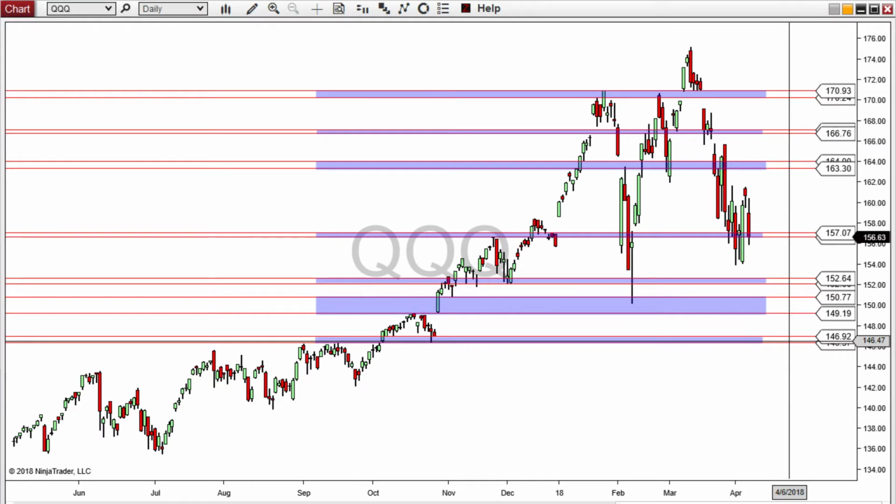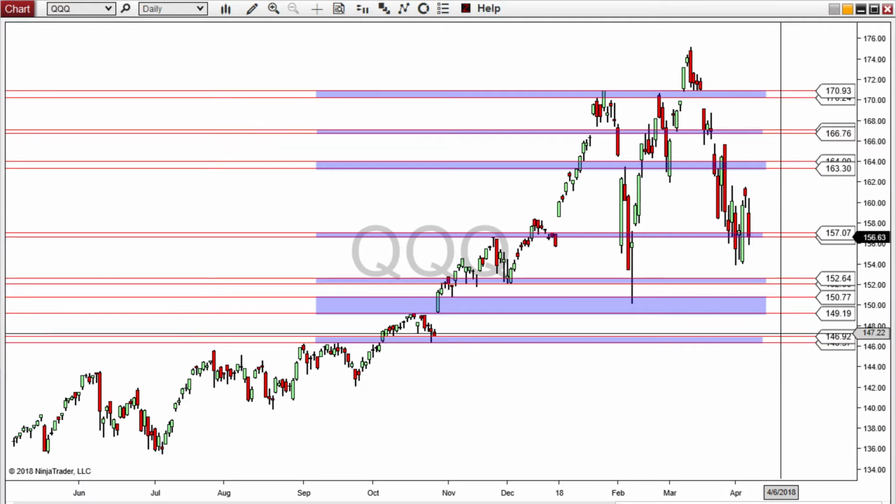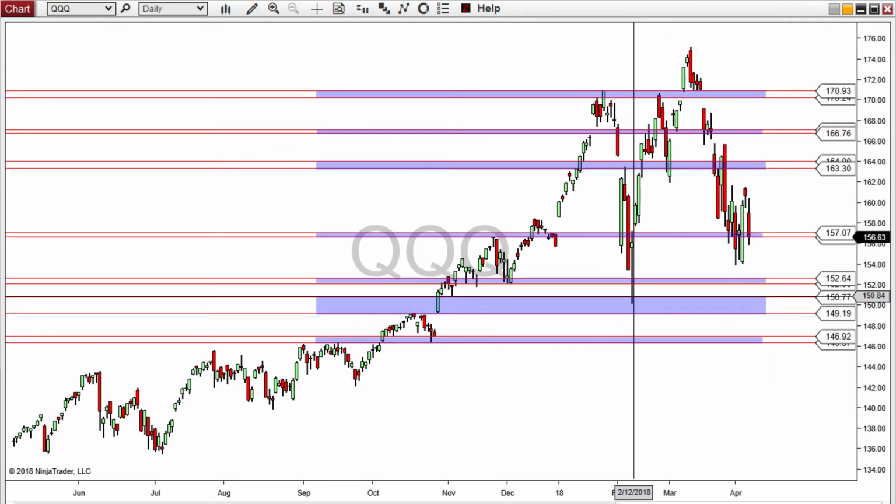But for now, the internal indicators that I'm watching, there's quite a number of them, are pretty neutral. It is not as negative as it was back here. So that is something to be cautious about.